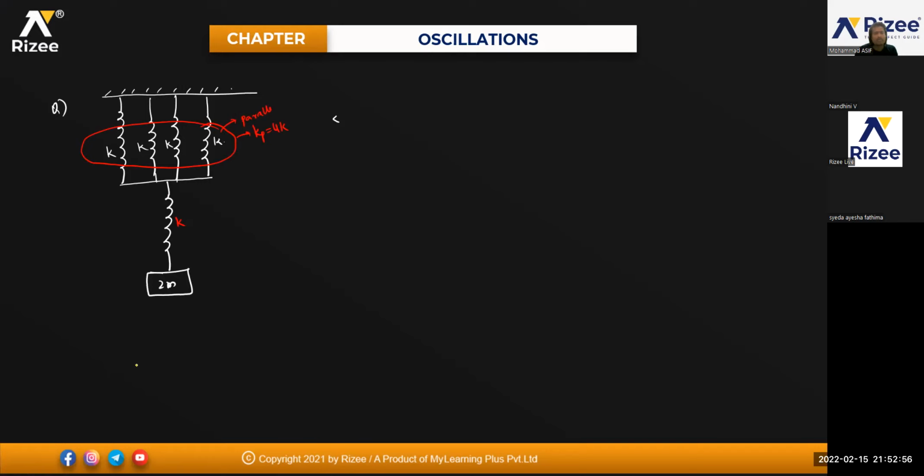So K effective will be equal to 4K into K divided by 4K plus K. That will be equal to 4 into K square divided by 5K. This one and this one will get cancelled. So it is 4K divided by 5.